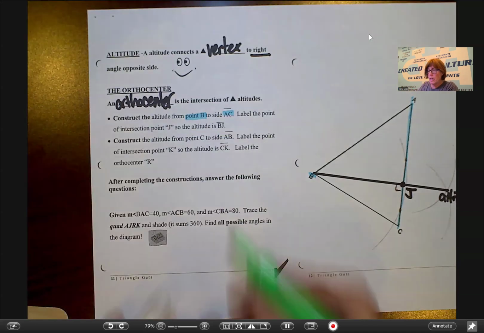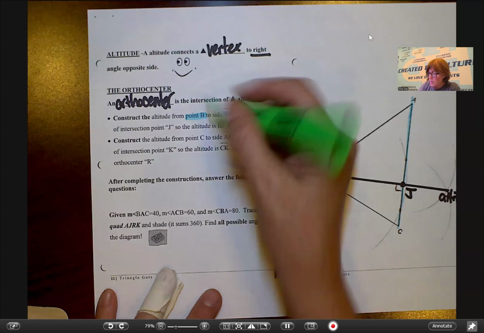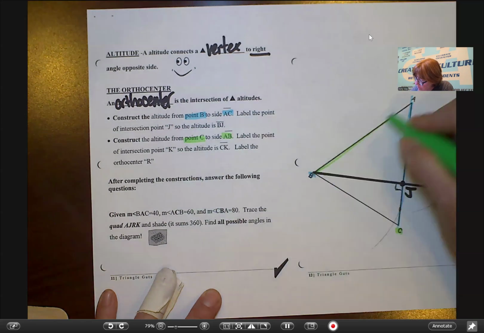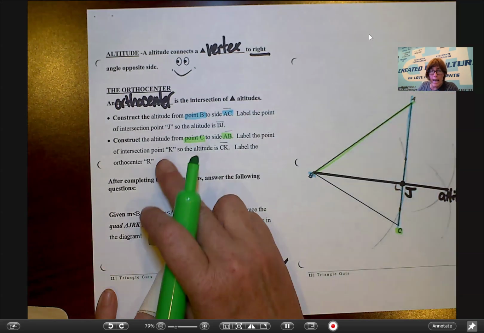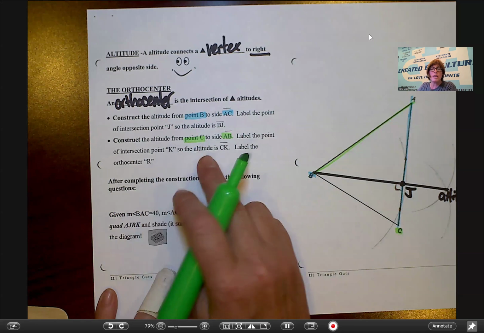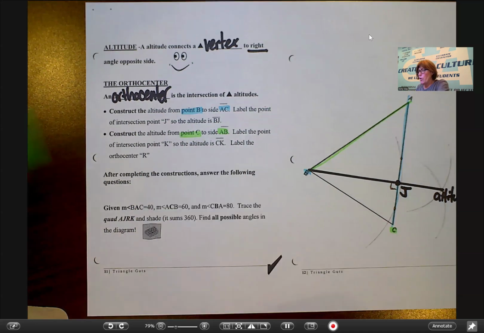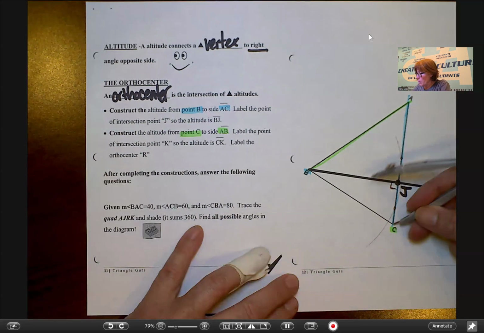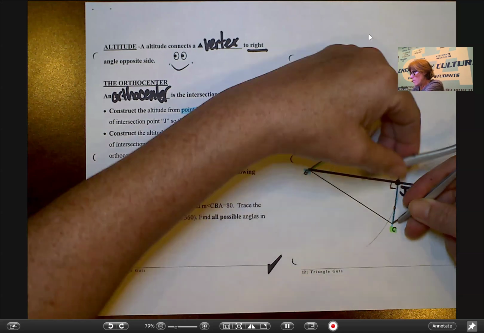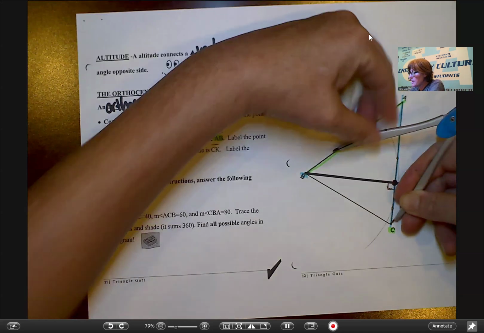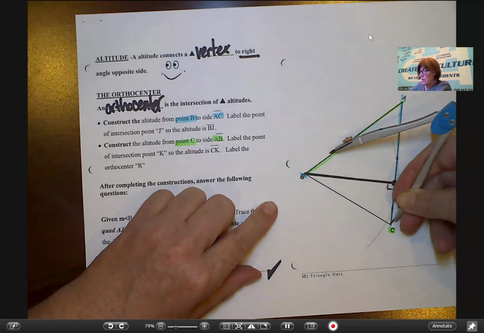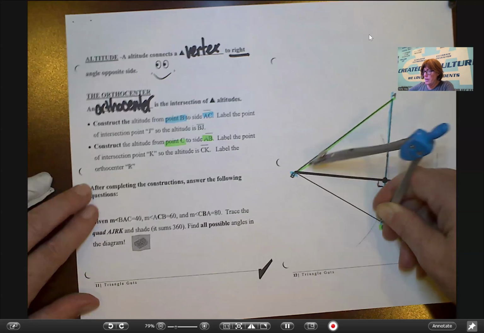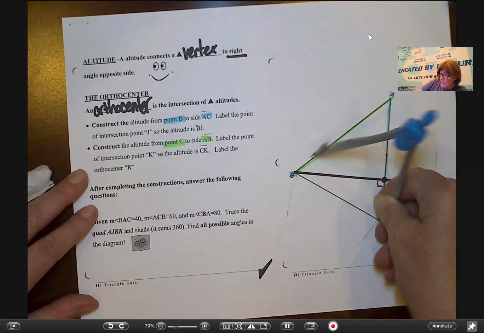Next, we're going to construct an altitude from point C to side AB. Label that intersection K, drawing the altitude CK. So for this one, smiley, dimple, dimple. Your pivot's at C. Go just slight hair past the opposite side. And then it is a smiley.